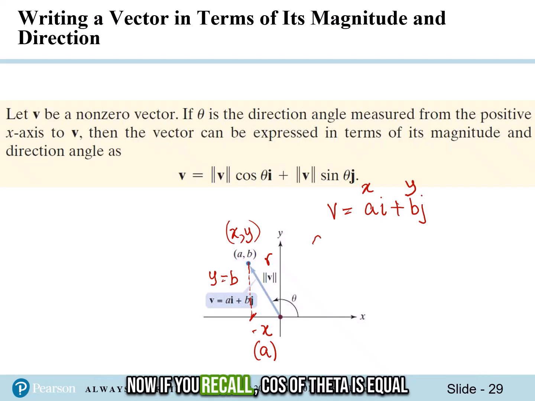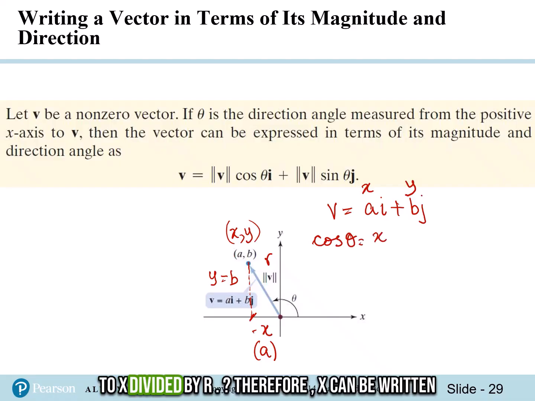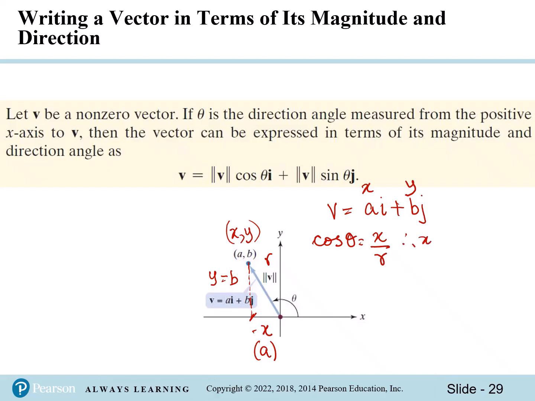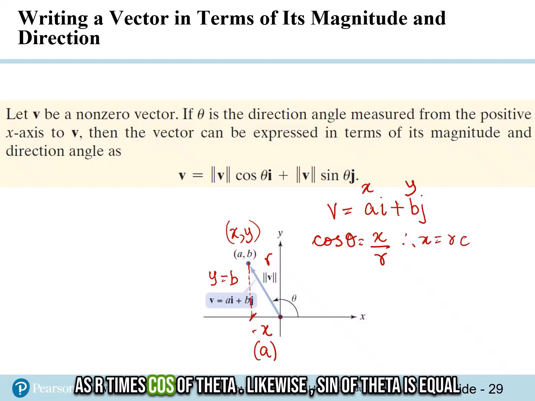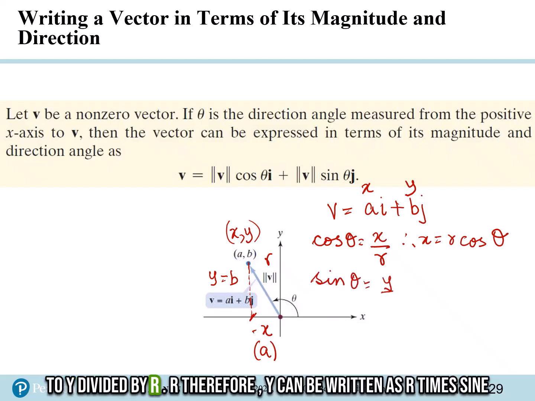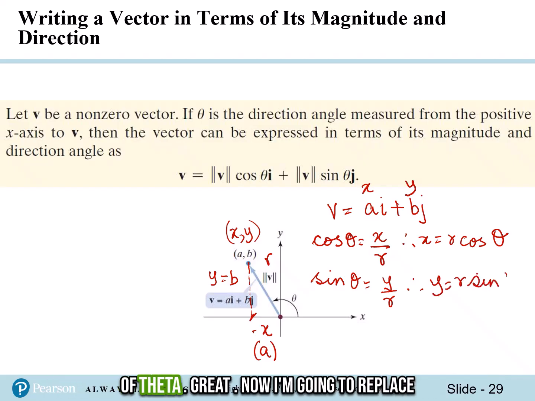Now, if you recall, cos of theta is equal to x divided by r. Therefore, x can be written as r times cos of theta. Likewise, sine of theta is equal to y divided by r. Therefore, y can be written as r times sine of theta.